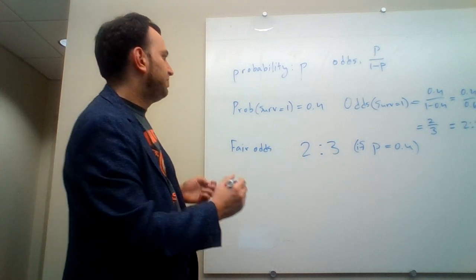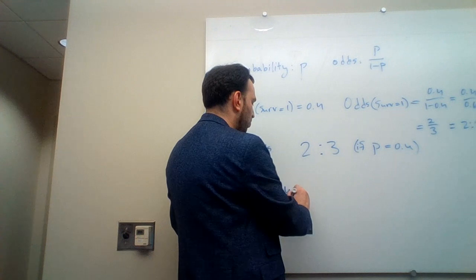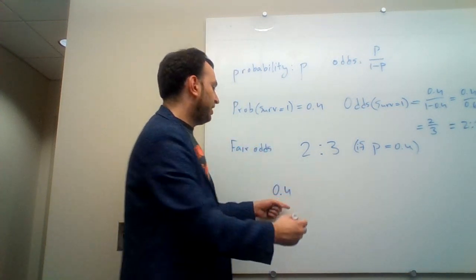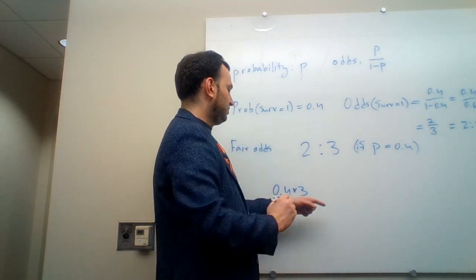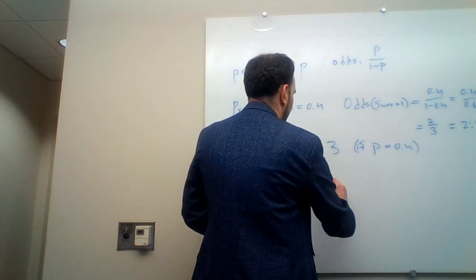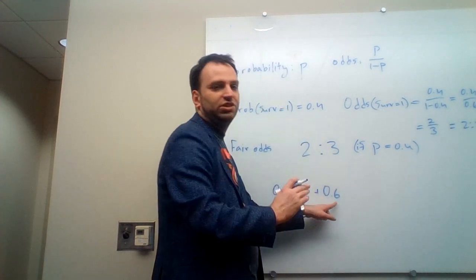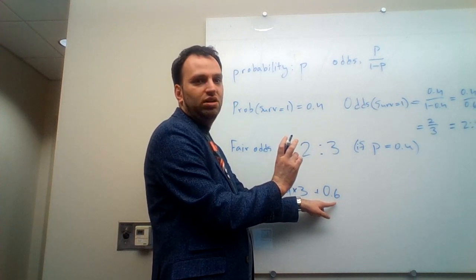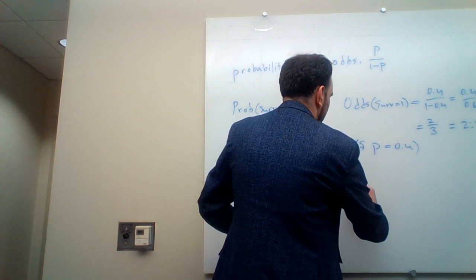So I expect that 40% of the time, I expect to be correct and get 3. 60% of the time, I expect to be wrong. And I expect to give you 2, so I expect to lose $2.